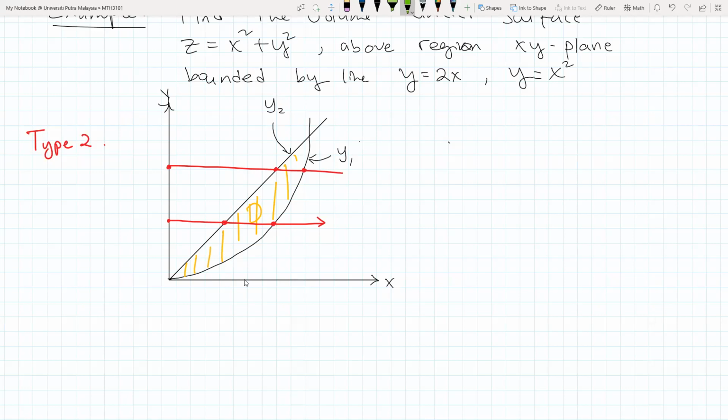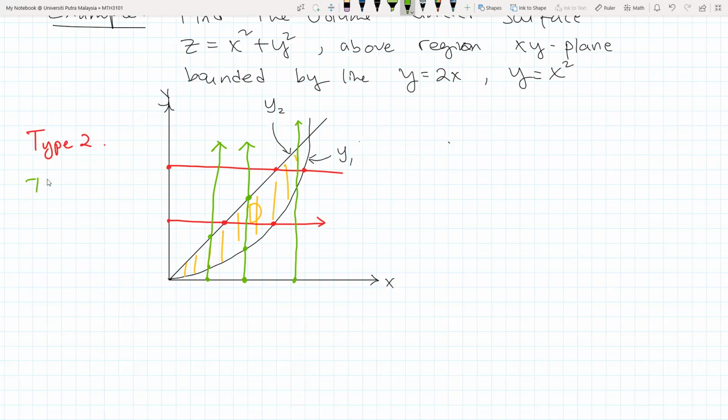If I pick any point on the x-axis and run through the region, I will enter through y1 and exit through y2. I pick this point, enter through y1, exit through y2. It is the same. If I am here it is also the same, I enter here and go through.